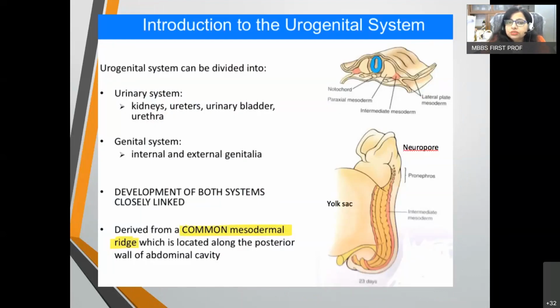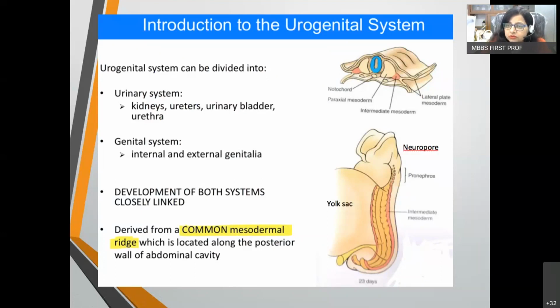Now, urinary system and genital system, as I've told you, are 2 systems which are closely connected to each other. That is, they are interlinked. And what happens is the intraembryonic mesoderm, this fish-tailed appearance is there in the intraembryonic mesoderm by the side of the notochord.